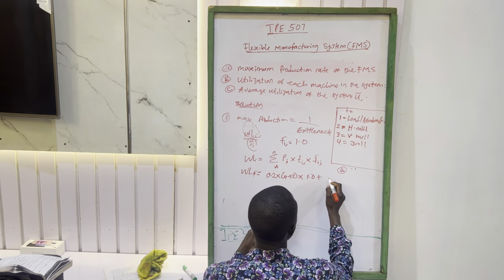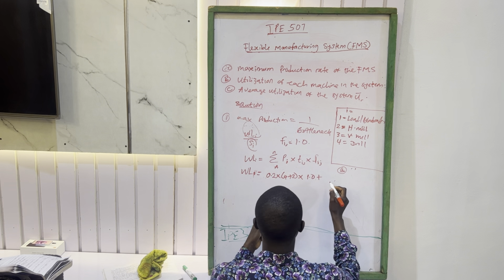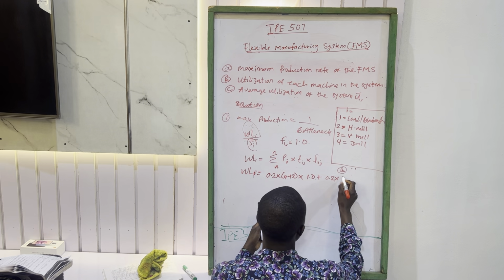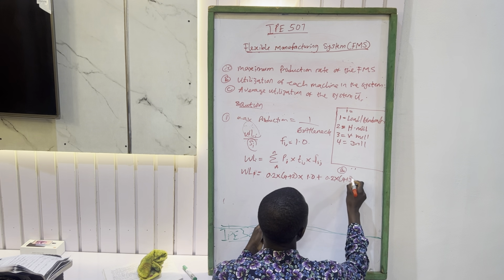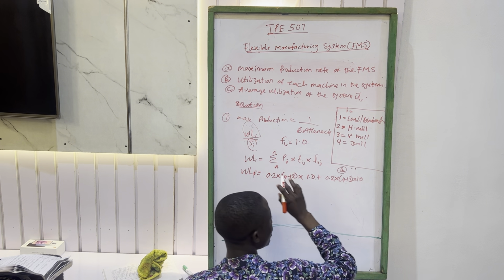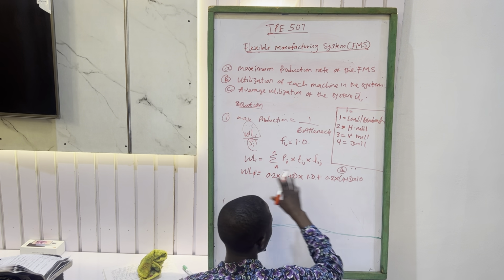So now plus product B. The part mix is 0.2 times the operating time, which is also 4 plus 3, which is 7, times the operating frequency of 1.0. The operating frequency is general to the whole workstation.